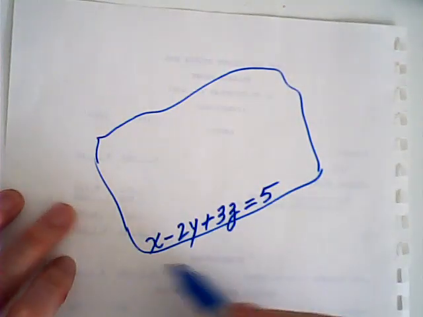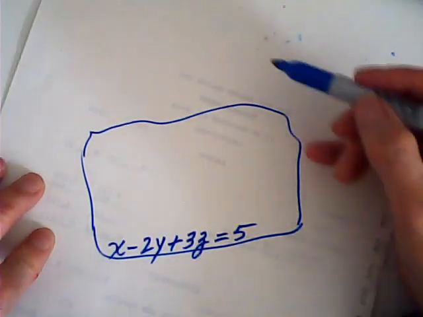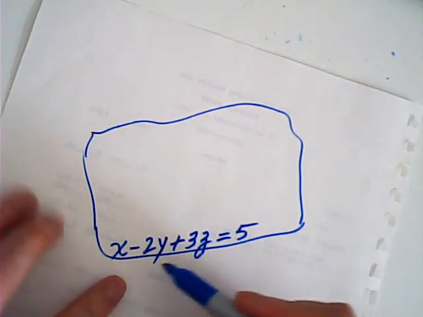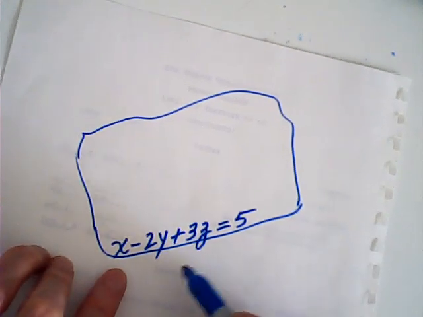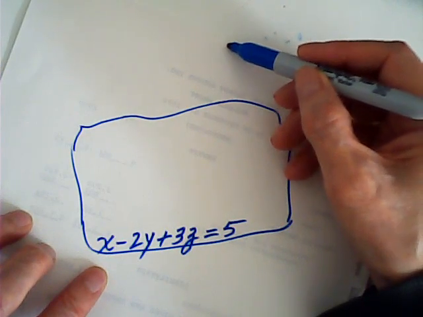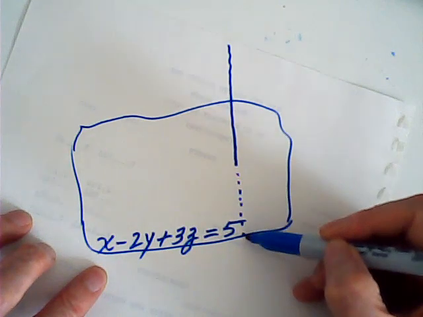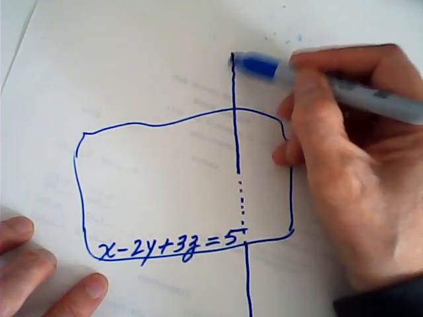Okay, this is the plane. That's the equation of the plane, right? And we know that the equation of the plane shows the normal vector of the plane, right? This is a normal vector.